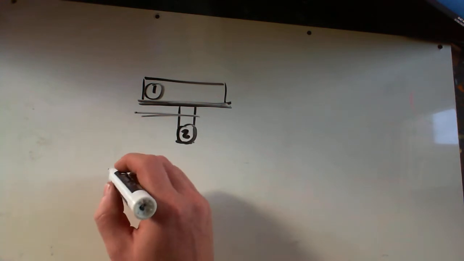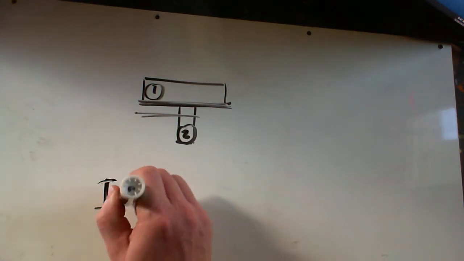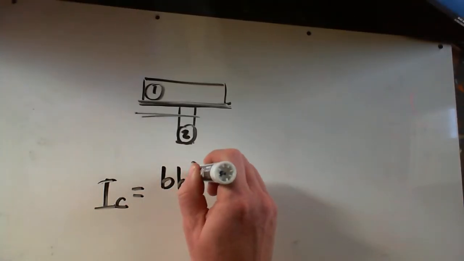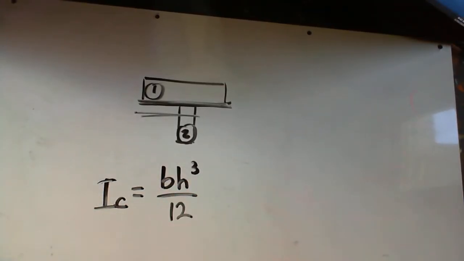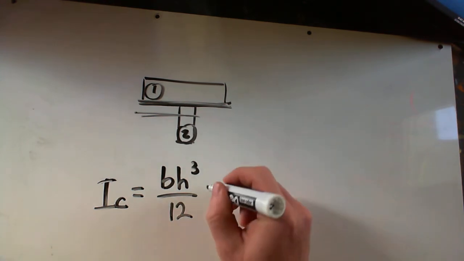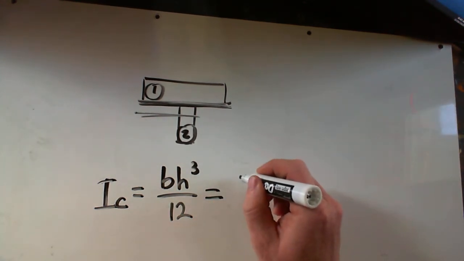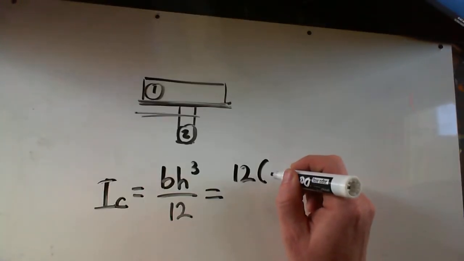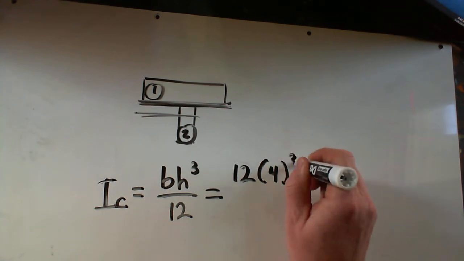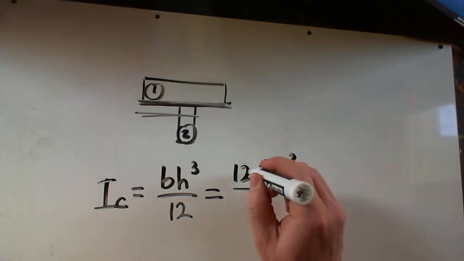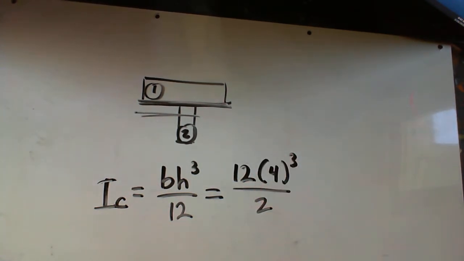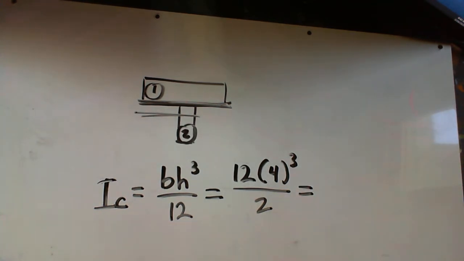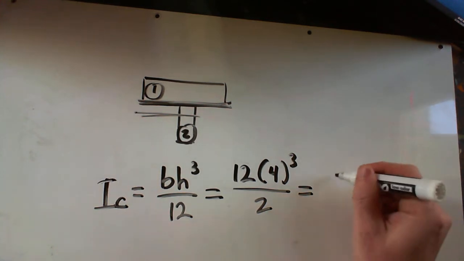So I'm going to apply that I sub C equals base times height cubed over 12 formula. And so in this case, my base is 12 times 4 cubed over 12. And so my I sub C value is just going to be 64.